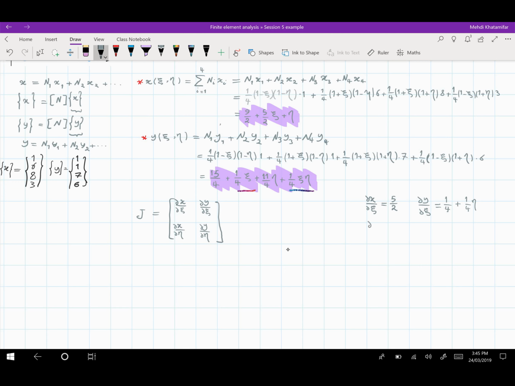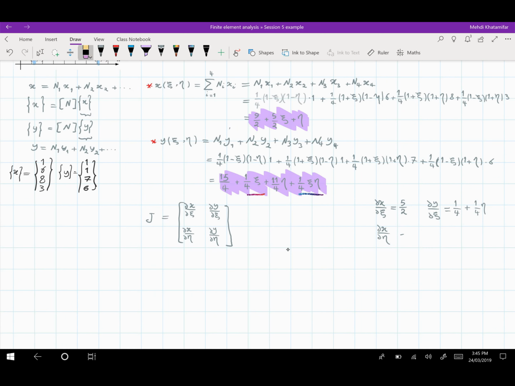Done with this part. Derivative of x over eta, let's check that one. So eta is going to be just 1. And derivative of y over eta, this time we have 1 eta here and 1 eta here, so it is going to be 11 over 4 plus 1 over 4 times psi.